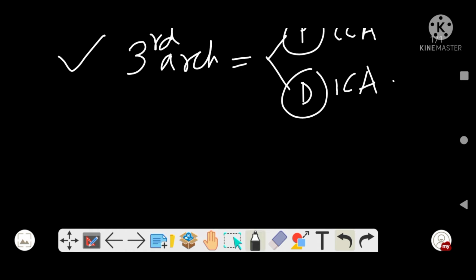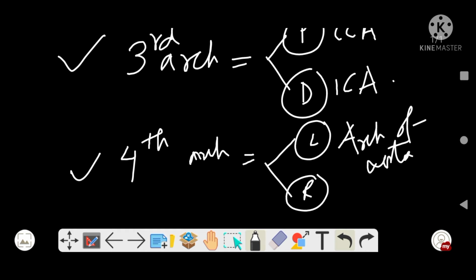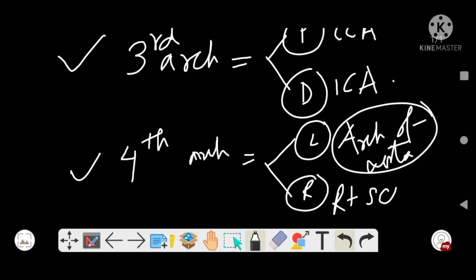Now from fourth arch. Now fourth arch, there is left and there is right. From left this is your arch of aorta, and from right it is your right subclavian artery.